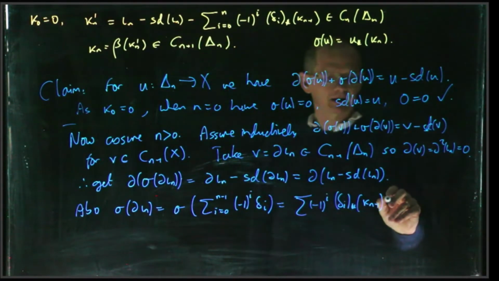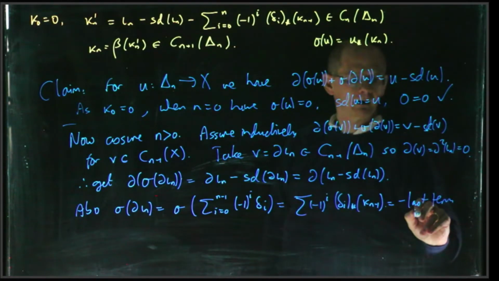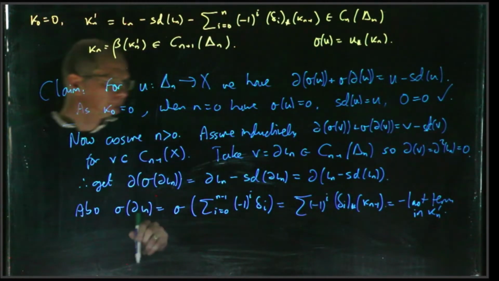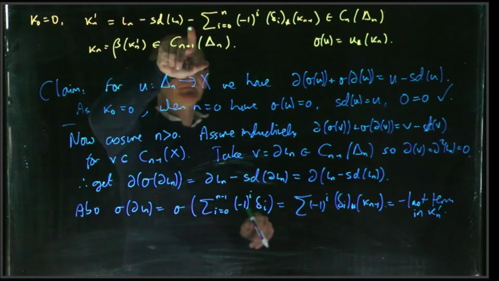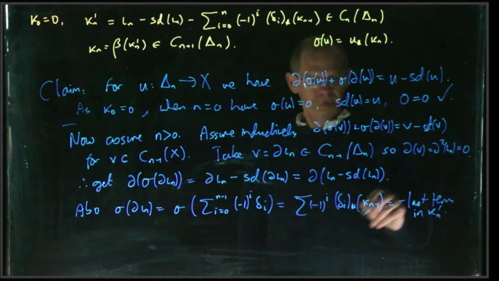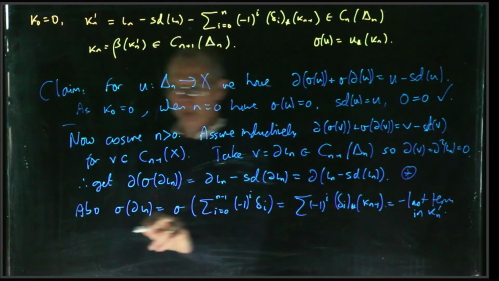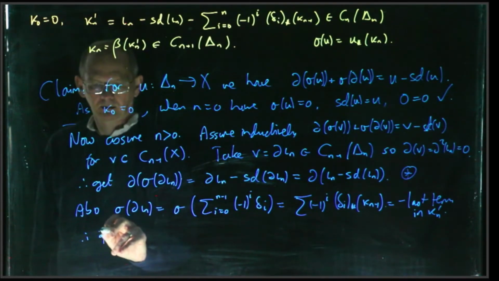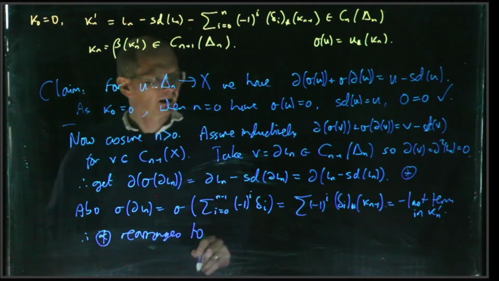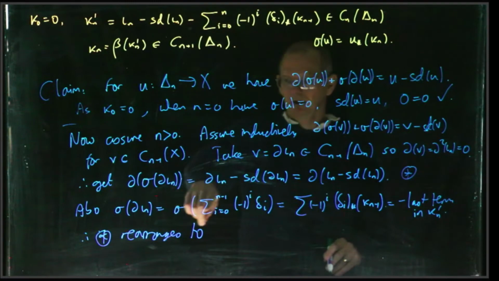So this is kind of minus the last term in κ_n prime. Okay. So here you've got a minus sign, it's plus sign. Okay. So this time here you've got on the left hand side here the σ.